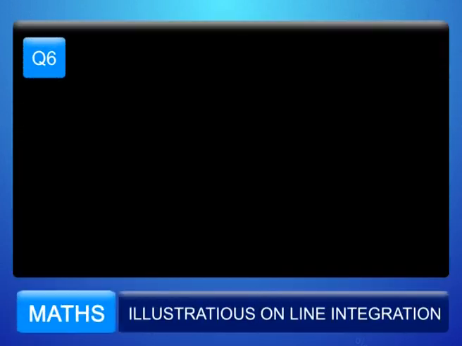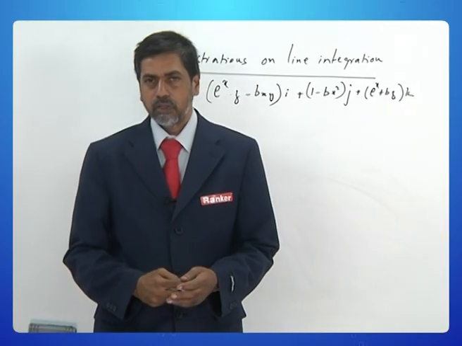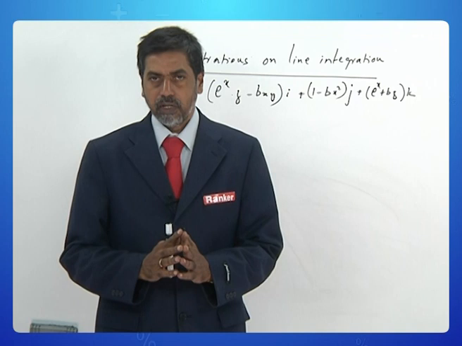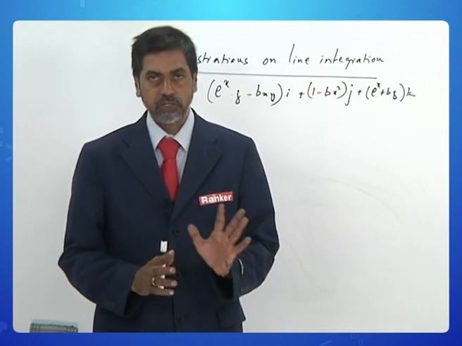Question number 6. What is the scalar potential corresponding to the conservative field e power x into z minus bxy i plus 1 minus bx square j plus e power x plus bz k? Well, here we know that a field is called conservative if its curl is 0.